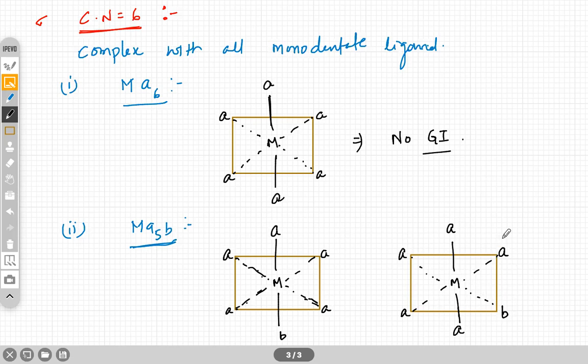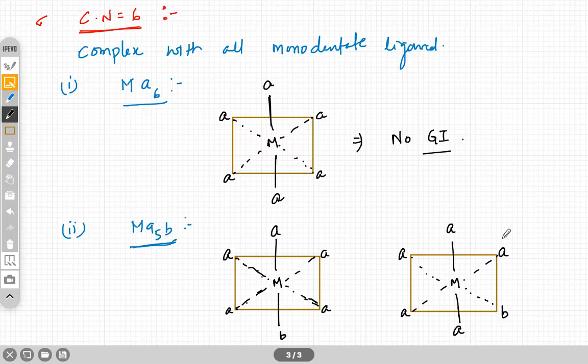Tell me, is this possible? Yes, sir. That's the same only. So both are the same only. So all the bond lengths, bond angles, everything is the same. And why is it the same? Yes, all the 6 positions are equivalent here.